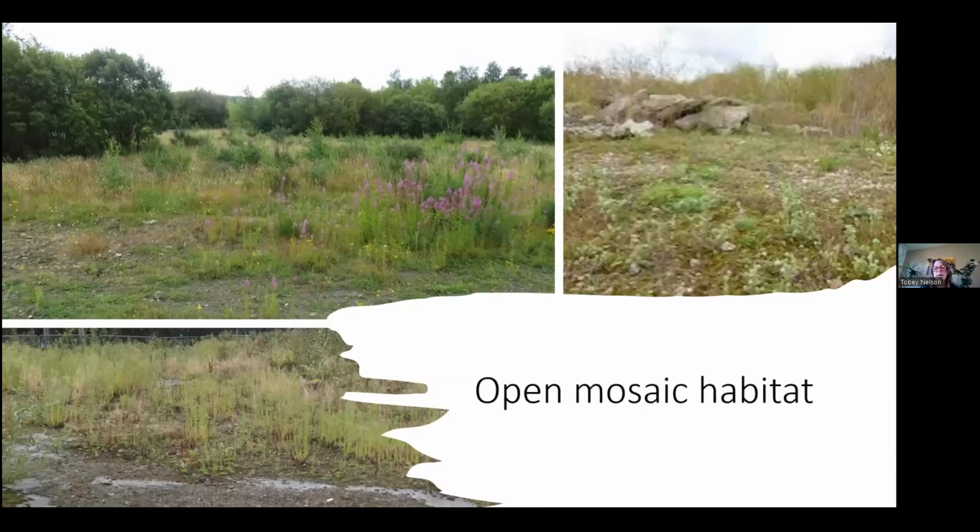On that note about mulching and poor soil and stony soils, there's a lot of emerging information on what's called the open mosaic habitat. Some of this has to do with disturbed sites.